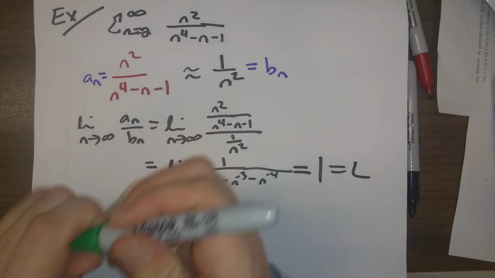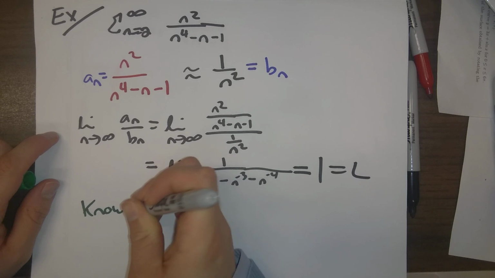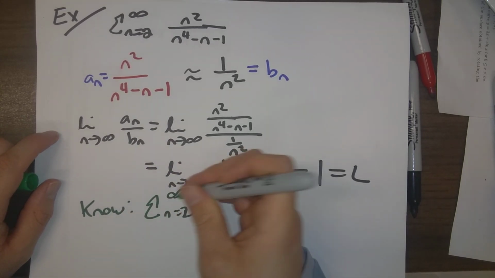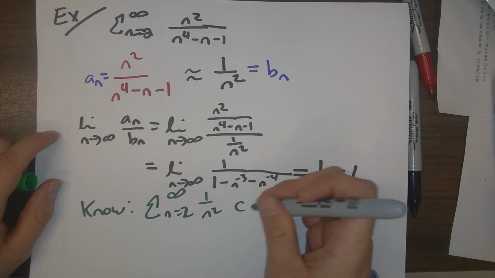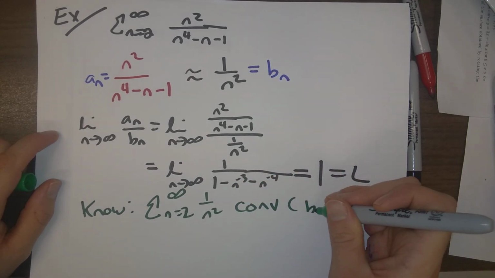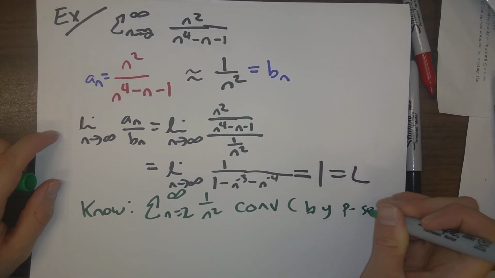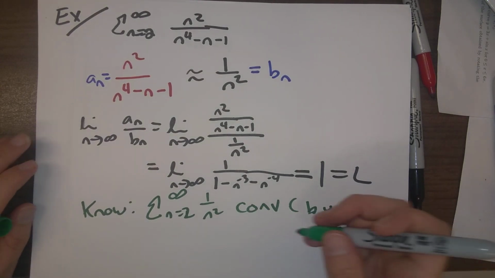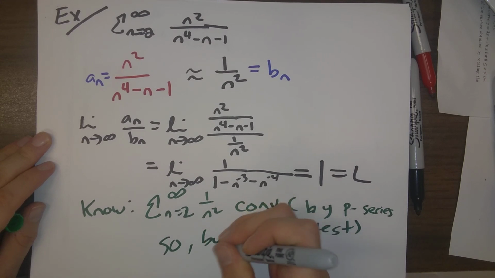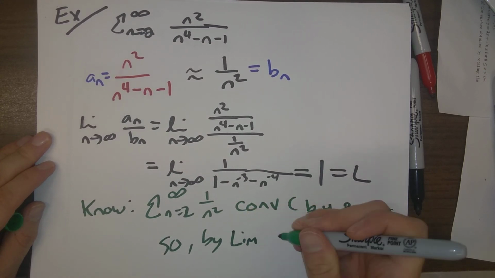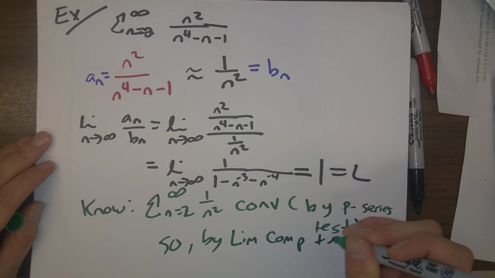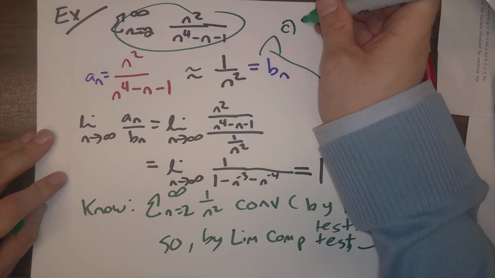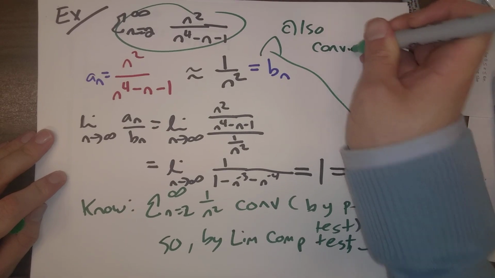And we know that the sum from n equals 2 to infinity of 1 over n squared converges by the p-series test. p is 2, that's greater than 1. So by our limit comparison test, this series also converges.